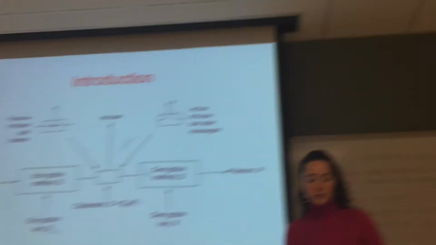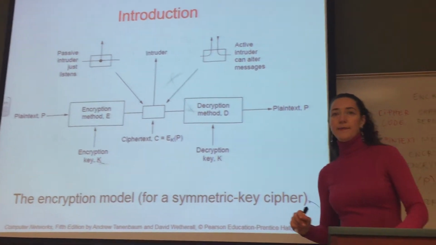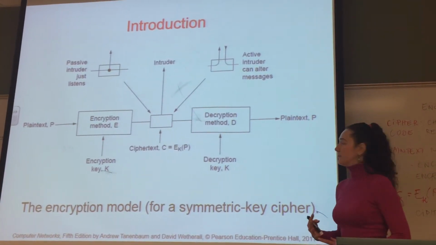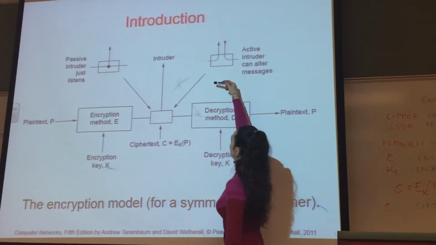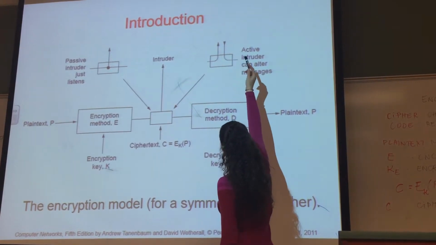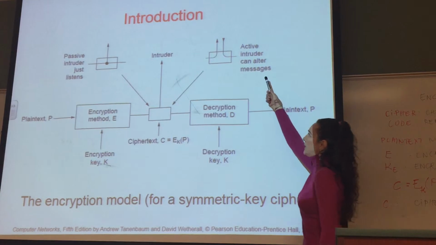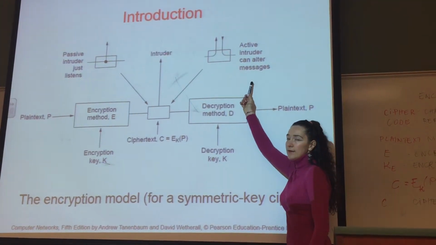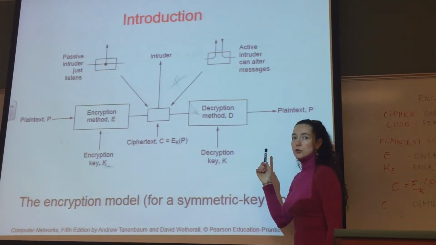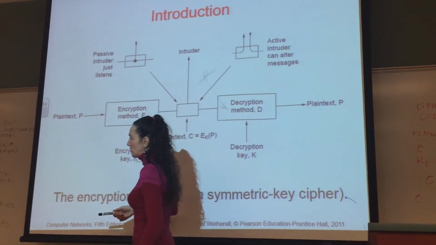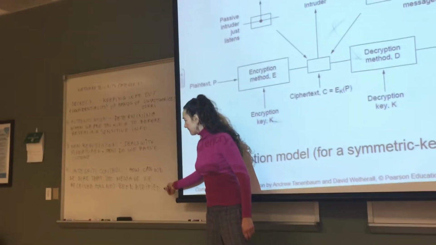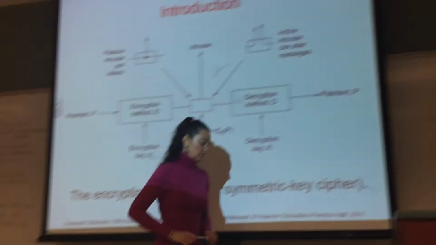They don't just want to see it, but they want to actually do something with it. That's why you see these two arrows, one going up and another one coming in. Because this intruder took the message and changed it and sent it back, so now it's been modified. So he violated the integrity control.